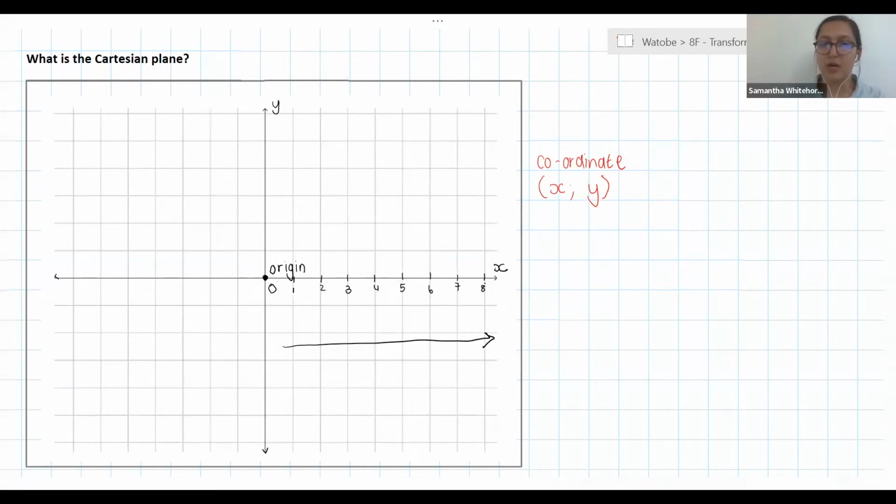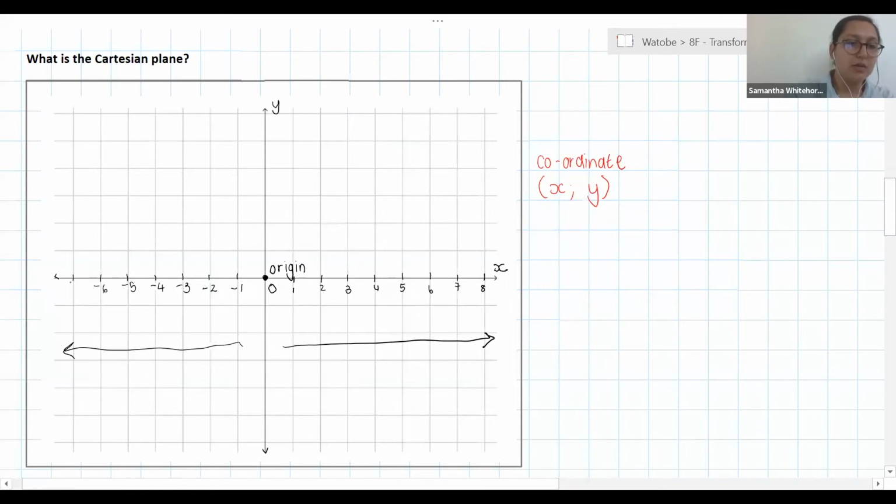But essentially, that's how we work on our x-axis. Now, because we're visualizing this as a number line, if I now go to the left along my x-axis, we can think of this as moving into the negative values. So this would be -1, -2, -3, and so on. Okay, so what we have is a number line that allows us to plot points on our set of axes.